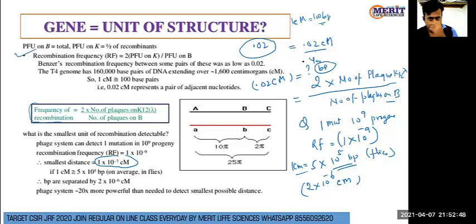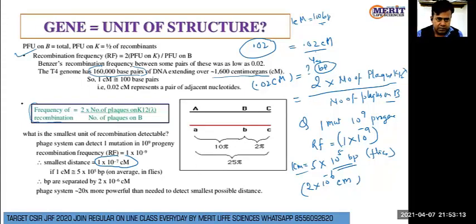Tell me. 20, sir. This is 20, right? And in the T4 genome after the sequencing, it has been observed that there are 160,000 base pair. So this may be equivalent to 1600 centimorgan.